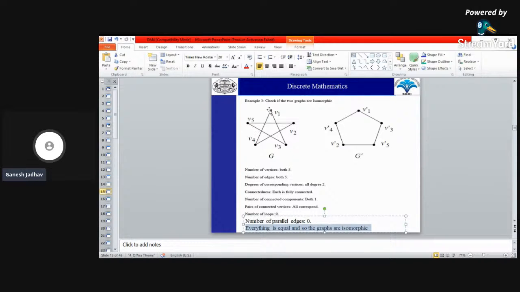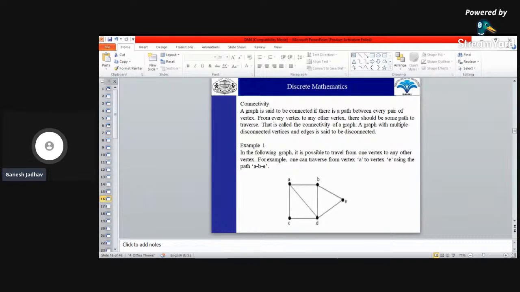V4 is connected with V1 and V2, and V5 is connected with V3 and V2. So this is the connection. Pairs of connected vertices all correspond with each other.